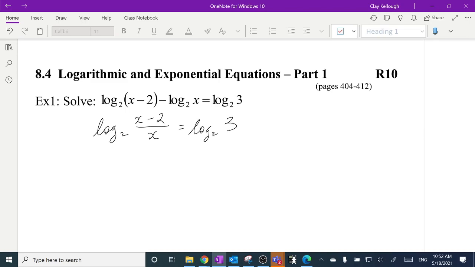Then we're going to basically do something called anti-log both sides of the equation.